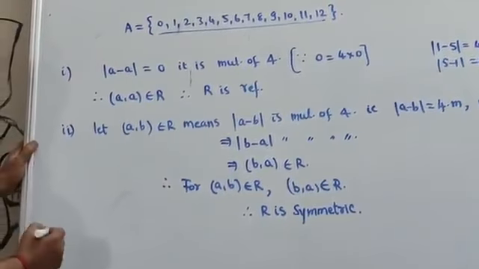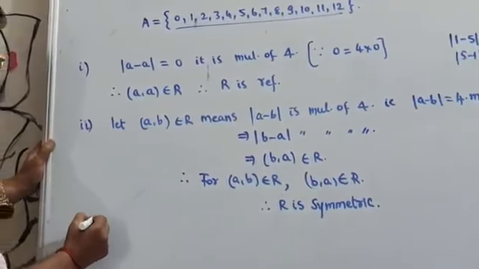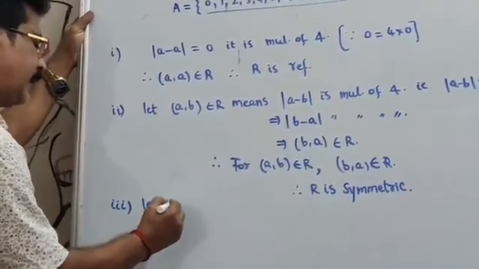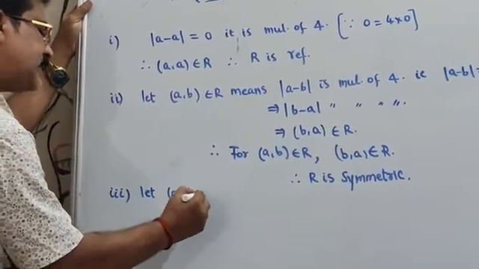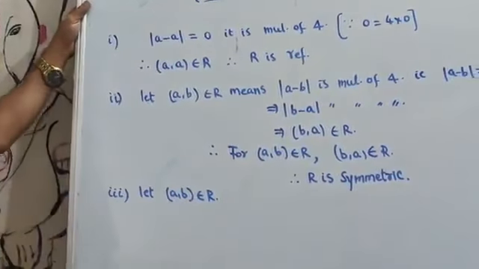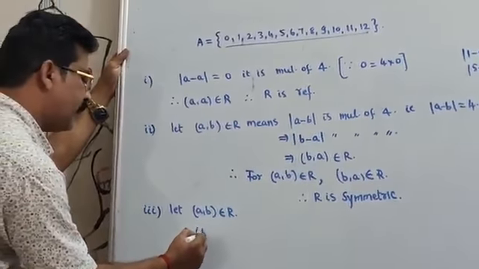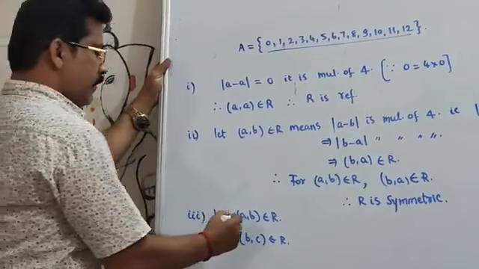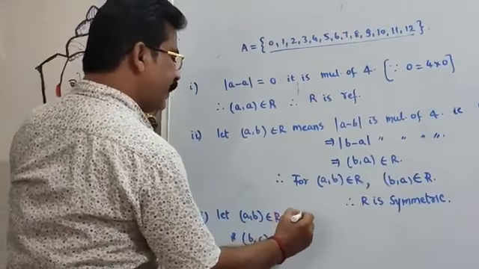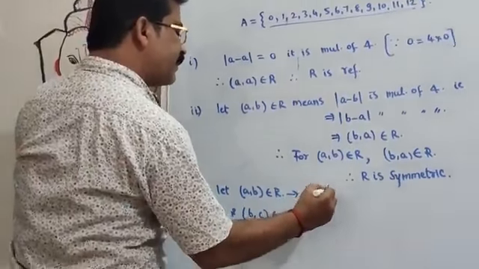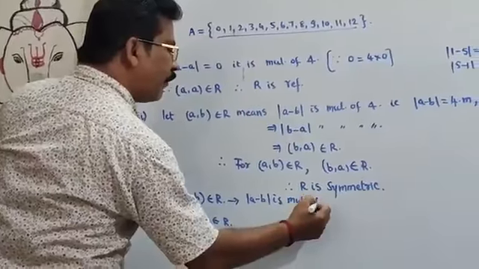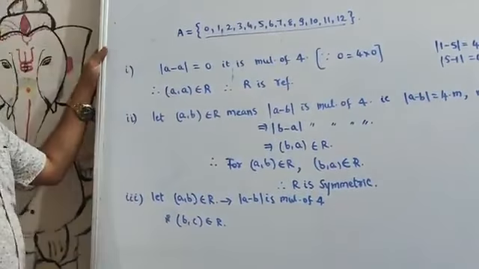Next, number 3. For transitivity, let (a, b) belong to capital R, and (b, c) also belong to capital R. (a, b) belongs to capital R means modulus of a minus b is a multiple of 4.